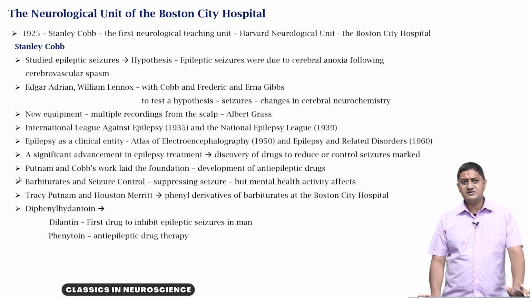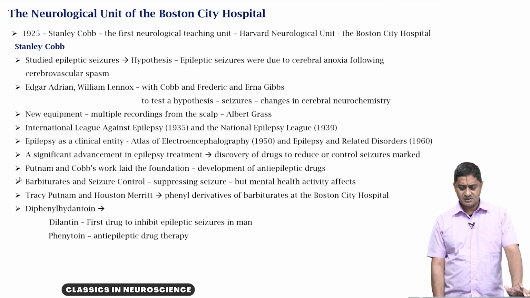He studied epileptic seizures, and he hypothesized that epileptic seizures were perhaps due to cerebral anoxia following cerebrovascular spasm. So, suddenly the loss of oxygen to the neurons in the brain is what perhaps causes the epilepsy.